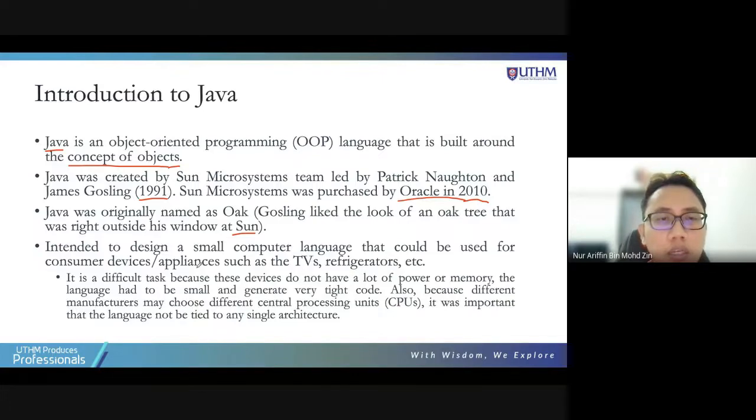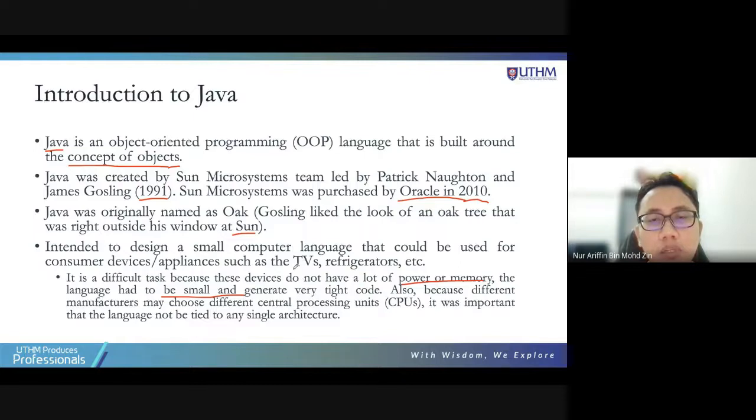So they created Java because they had difficulty creating a standardized language that could fit most of the appliances. It is a difficult task because these devices do not have a lot of power or memory, and the language had to be small and generate very tight code.